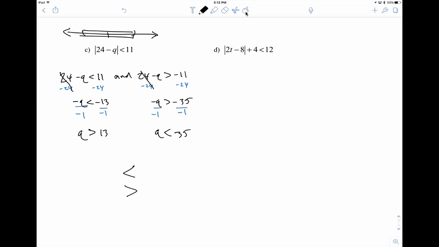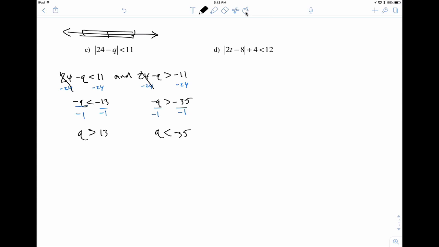And if you change the sense of direction, then you need to change the sense of direction of the sign. So the rule is, whenever you're dealing with inequalities, not equalities, and you divide or multiply by a negative number on both sides, then you flip the greater than or less than sign.